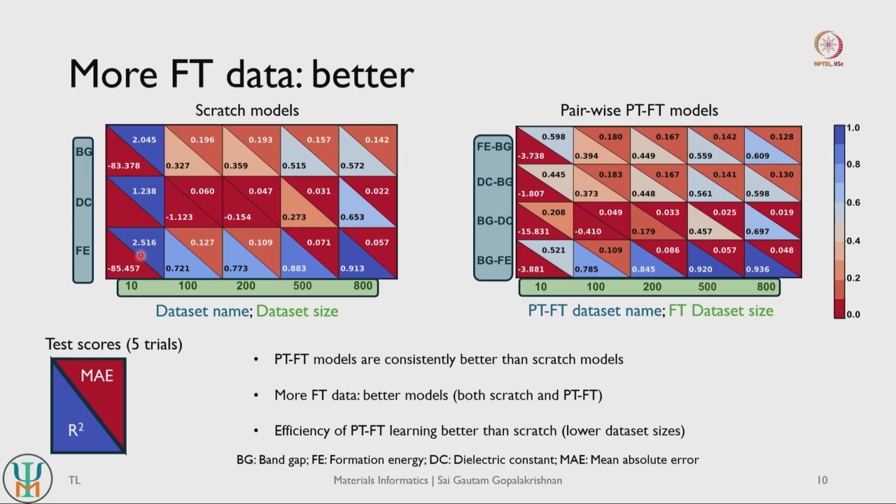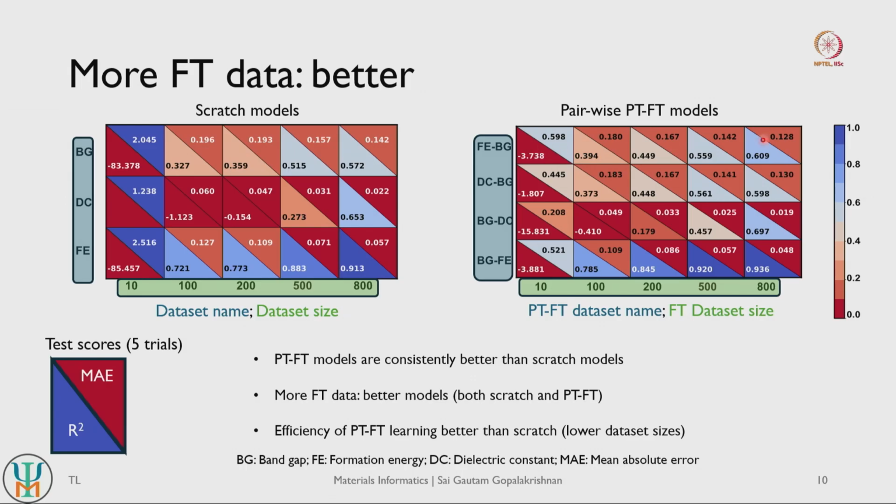In general you want higher R2 scores, so you want bluer lower triangles, and you want lower MAEs, so redder upper triangles. This is the ideal combination you are looking for, and the respective scores are indicated in each of these squares.